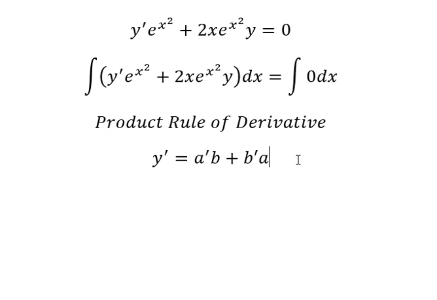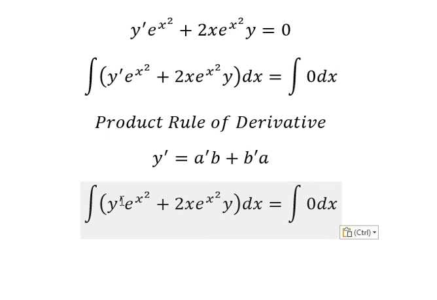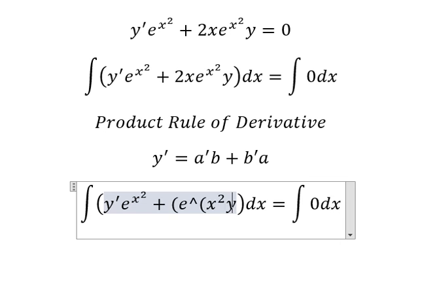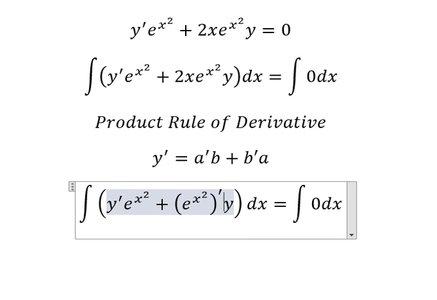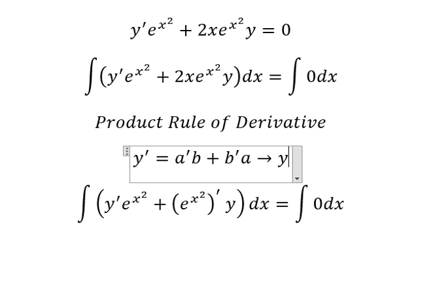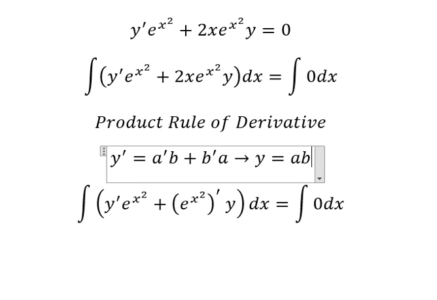So if we look carefully, this is the first derivative of a multiplied by b. This one, that is the first derivative of b multiplied by a. So the integration of this one, we have y equals a b.